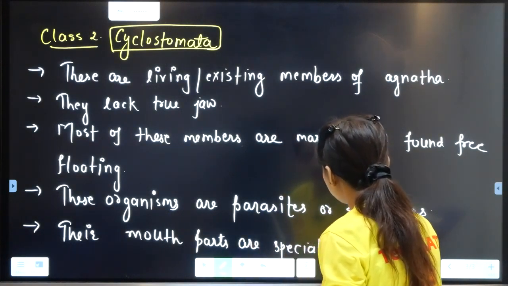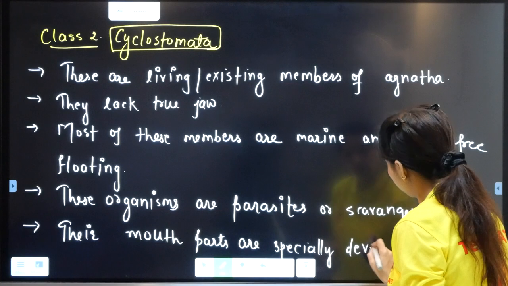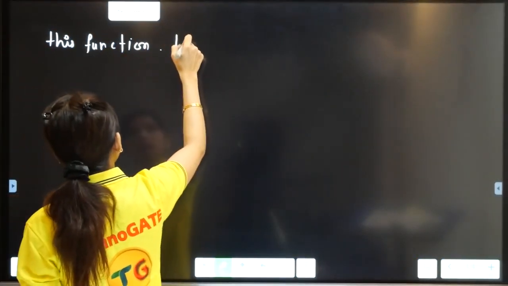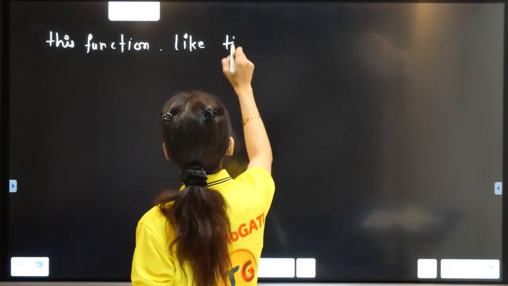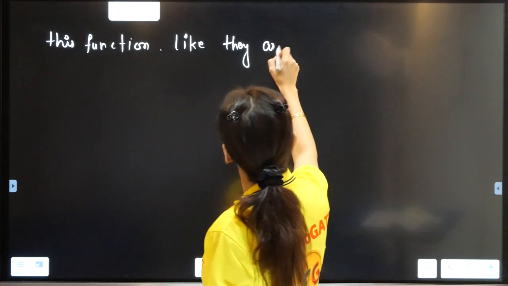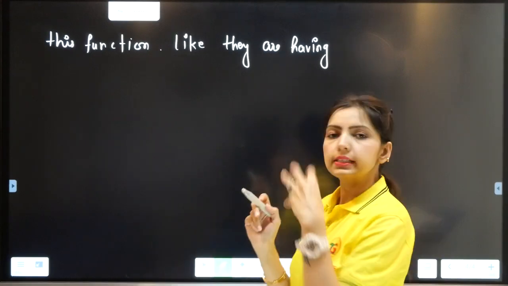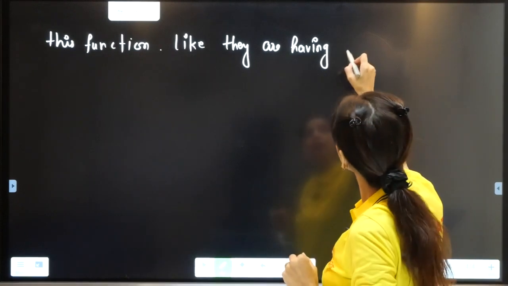Their mouth parts are specially developed for this function. They are having circular oral structures.